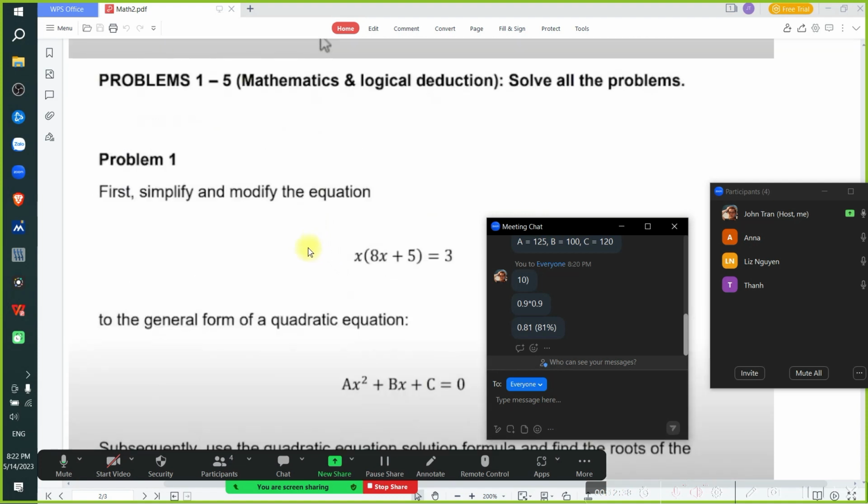Solve all the problems. So we have mathematics and logical deductions, toán học và suy luận logic. Mình phải giải tất cả những vấn đề này. So let's look at problem number 1.